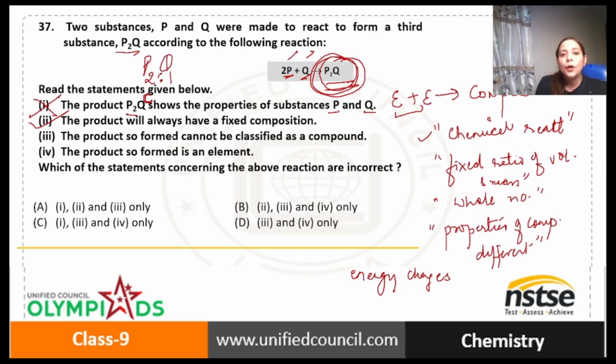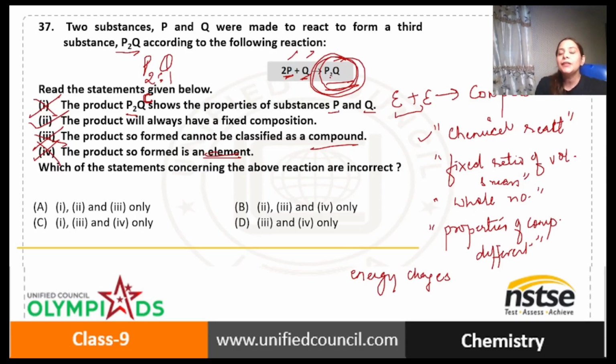The product so formed cannot be classified as a compound. It is false. It is classified as a compound because a compound is formed when atoms of two or more elements combine in a fixed whole number ratio. Fourth, the product so formed is an element. No. An element is a substance formed of atoms that cannot be further broken down.